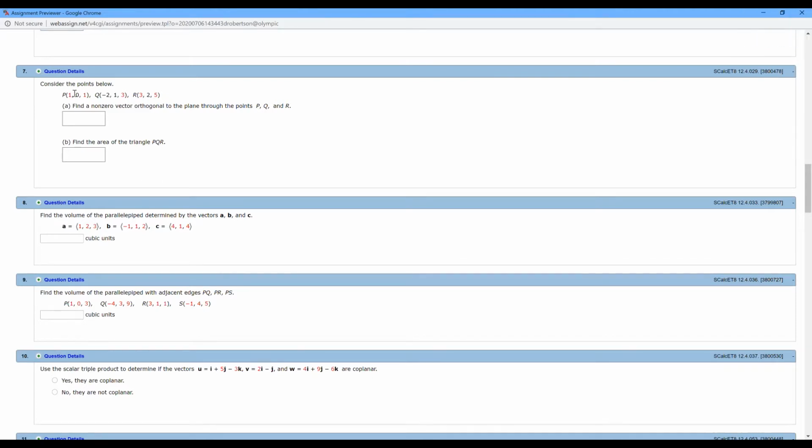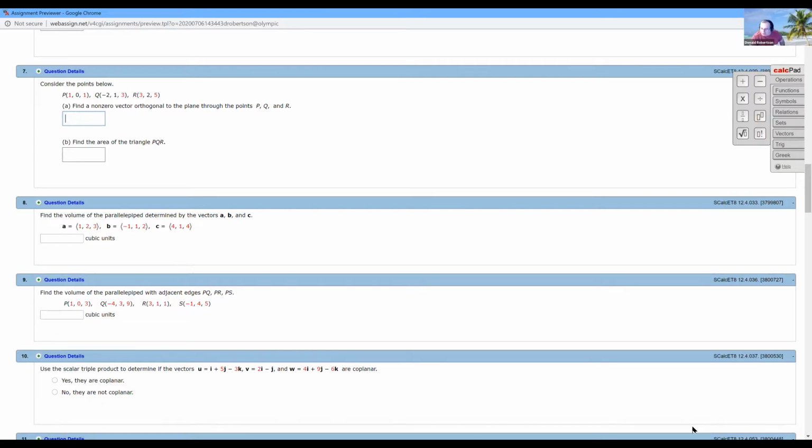If you find the vector joining P and Q, and then you find the vector joining P and R, won't those 2 vectors be like your u and your v? So you find the cross product of PQ with PR, and that will be the answer to A. So you imagine 3 points, P, Q, and R.